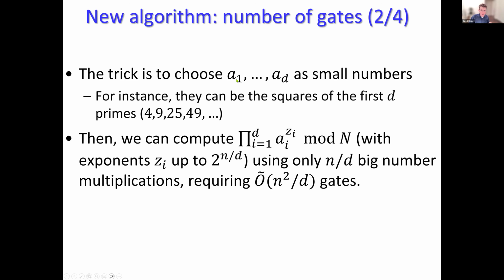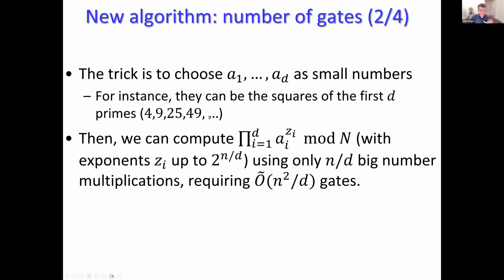The trick now is that, contrary to Shor's algorithm, if here we choose those numbers, the base of the exponent, to be small, we actually gain in terms of number of gates, and you'll see in a minute why. So for instance, you can choose them to be maybe like squares of the first d primes. You can choose them in multiple ways, maybe like 4, 9, 25, 49. We can talk about how exactly to choose them.